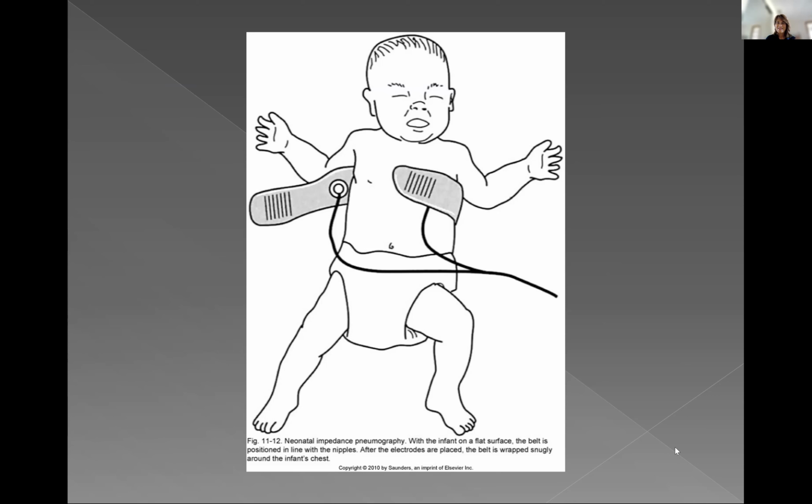So that sounds like something they would do to you on the national exam. Instead of saying an apnea monitor, they will say the infant is being monitored by impedance pneumography. Let me put that word in the chat. Impedance pneumography.